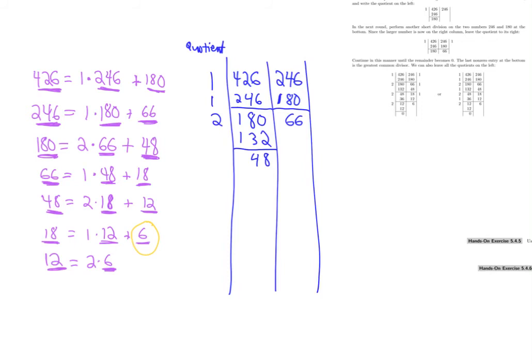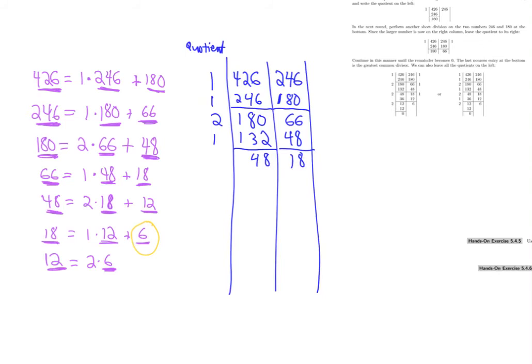The quotient in this case is 1, so I'm going to write it as the next quotient. I'm going to multiply 1 by 48, write it here, and then subtract. So now, what do I have? I have 48 and 18.